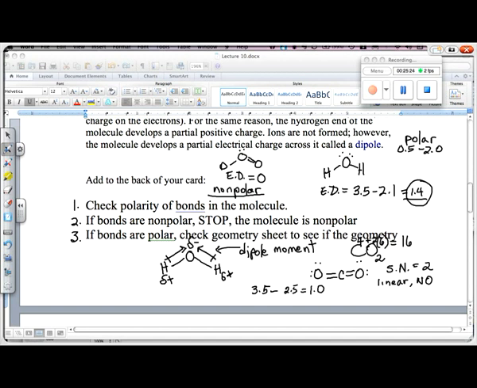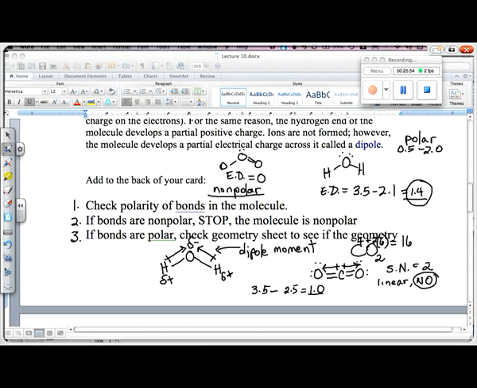So this is a polar bond, and the dipole moment, the vector, is pointing towards the oxygens. Equal in magnitude on either side, pointed in opposite directions. Well, if I have two vectors pointed in opposite directions of equal magnitude, they cancel each other out, and that is why the no is written there for linear.